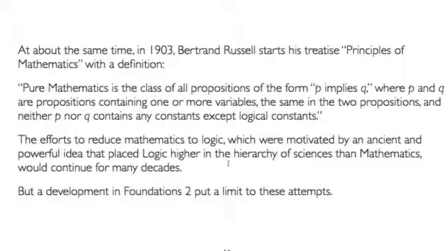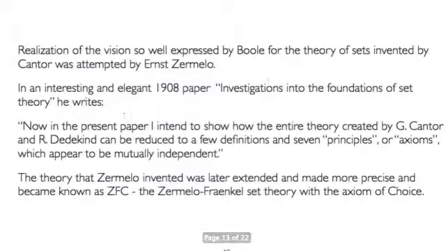And this effort to reduce mathematics to logic, which of course Russell here claims to have done, and which to some extent Zermelo here claims to have done for a subset of mathematics, namely for Cantor's theory.